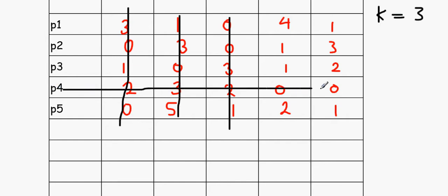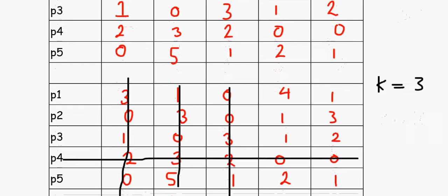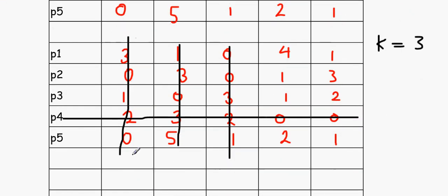Okay, and let's see if we've achieved our objective. 1 horizontal, yep, and 3 vertical. Now the thing is, if you've got fewer lines than the number of columns or rows, you will need to improve this. You will need to further augment it so you can find a better allocation.